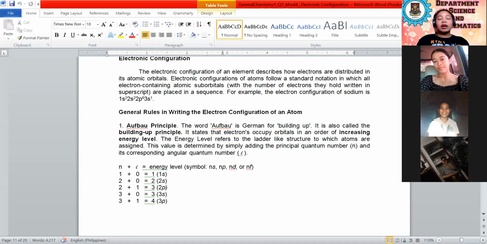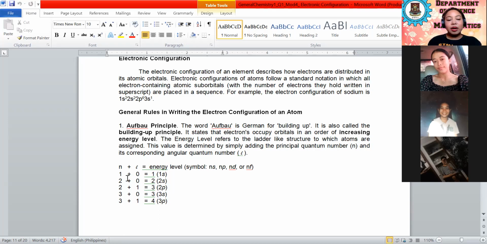So again, the energy level doesn't represent the principal quantum number only, but the sum of the principal quantum number and the angular quantum number. Its symbol is N plus L.